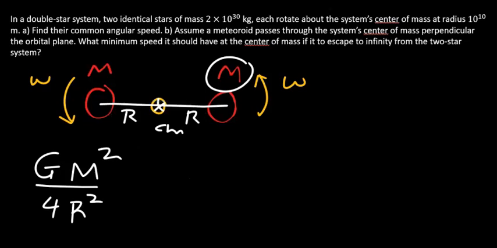So each of them is traveling in a circular trajectory with radius r. That means the centripetal force on each of them is given by m v squared over r.